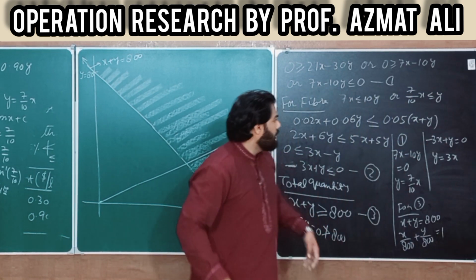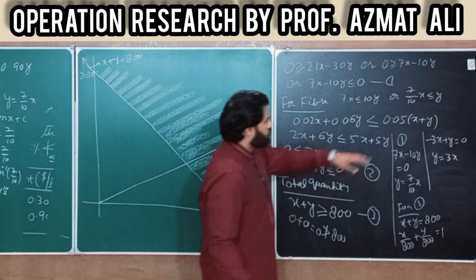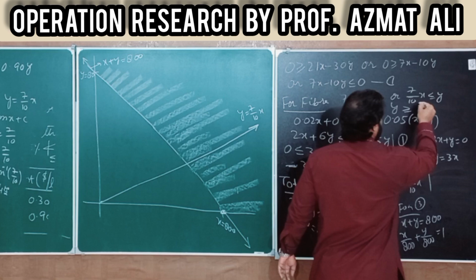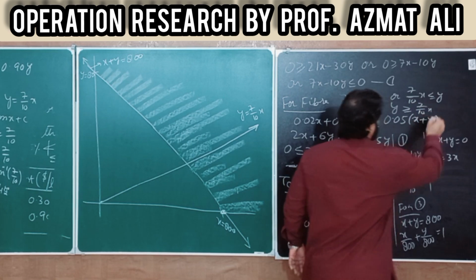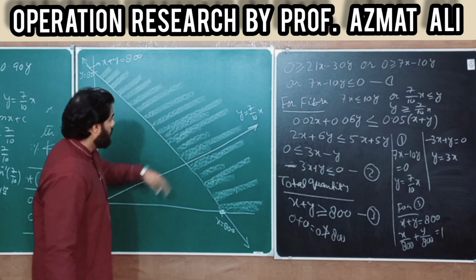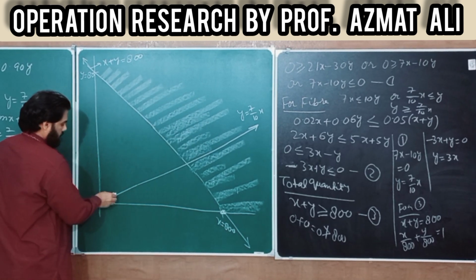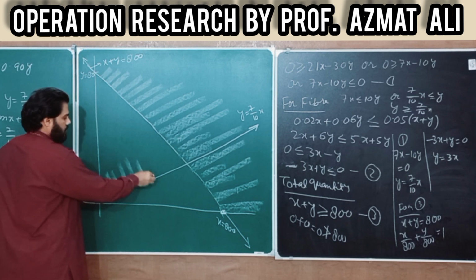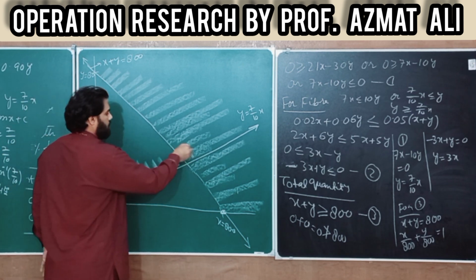So this can be written as y is greater than or equal to 7 by 10 x. So the graph of this inequality will be above this line. This will be the graph of this inequality.